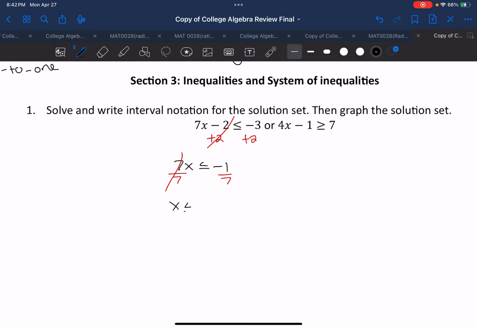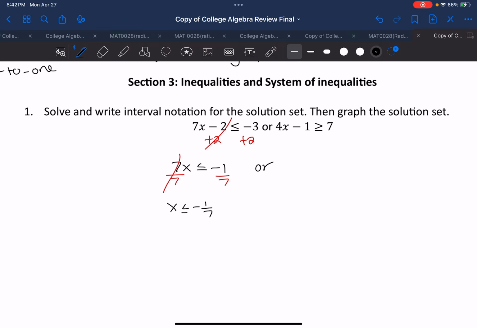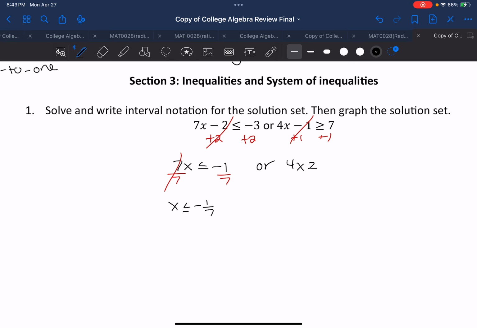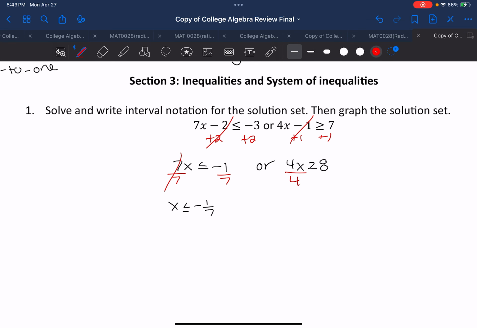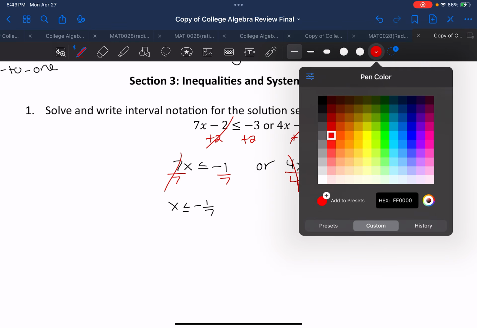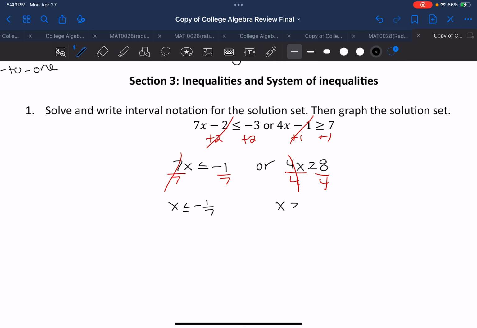So x will be less than or equal to -1 over 7. Or, for the other one, I add 1 to both sides. So 4x would be greater than or equal to 8. And then divide both sides by 4. So x would be greater than or equal to 2.